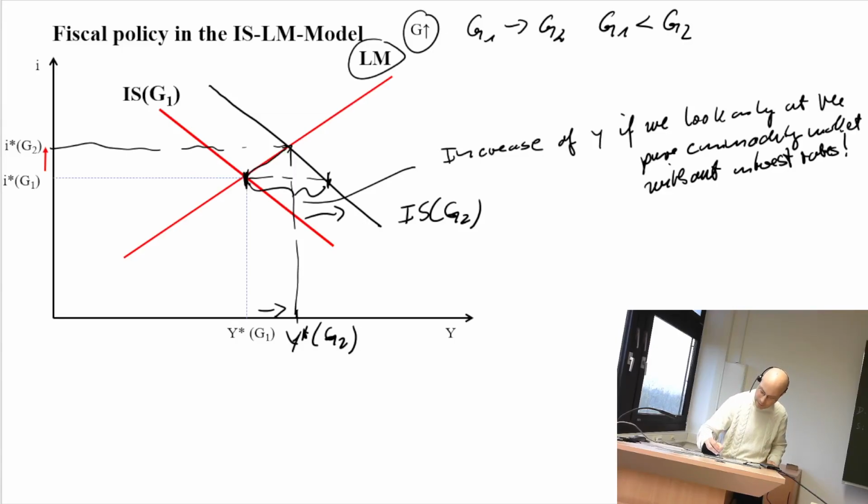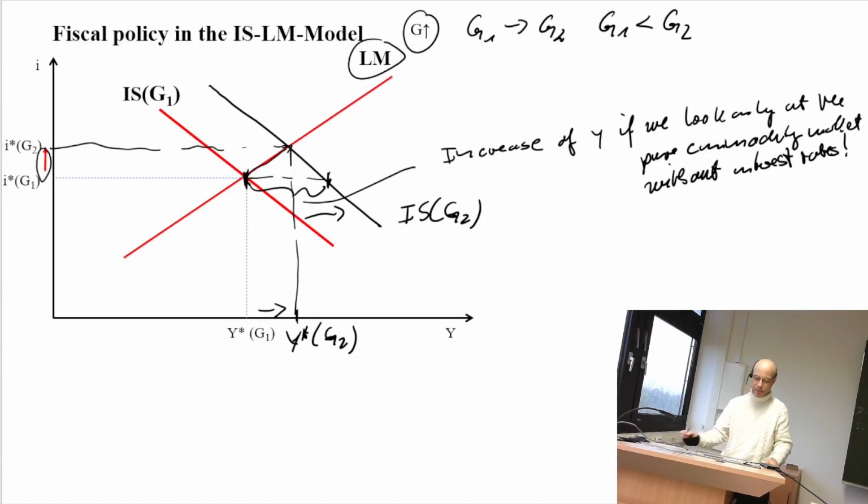But now this increase of equilibrium income is not that high. And why? Because also we have this increase in interest rates.